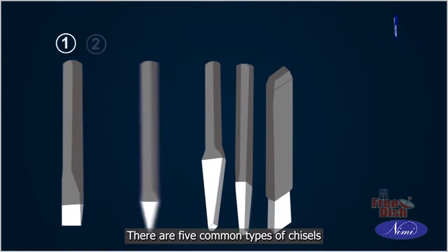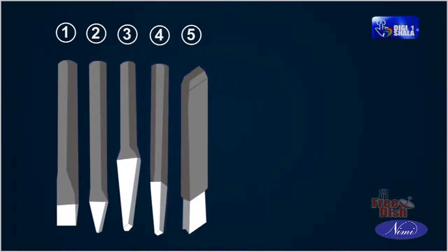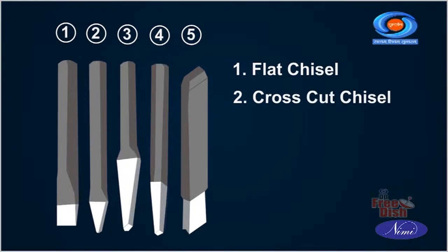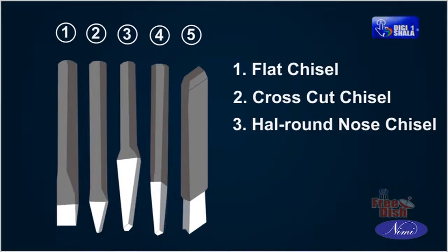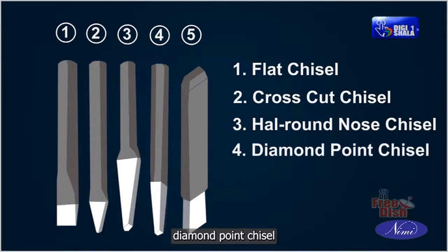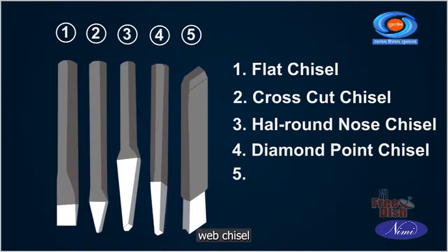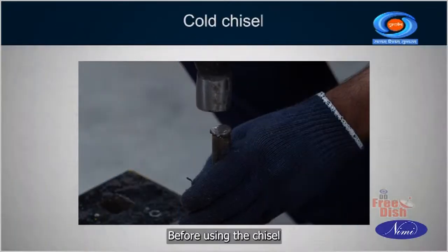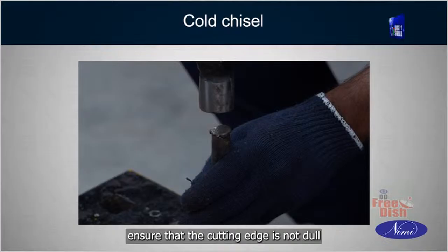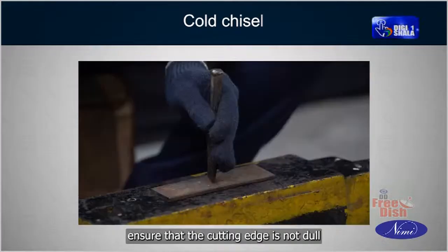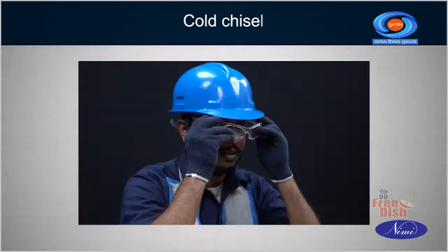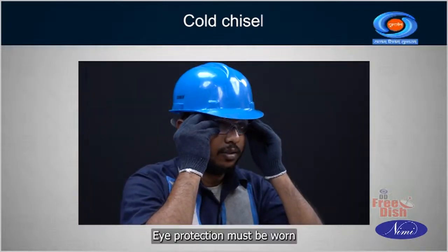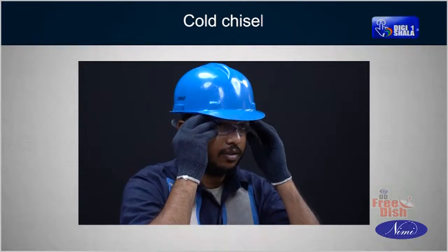There are 5 common types of chisels: flat chisel, cross-cut chisel, half-round nose chisel, diamond point chisel, web chisel. Before using a chisel, ensure that the cutting edge is not dull or chipped. Eye protection must be worn when using any chisel.